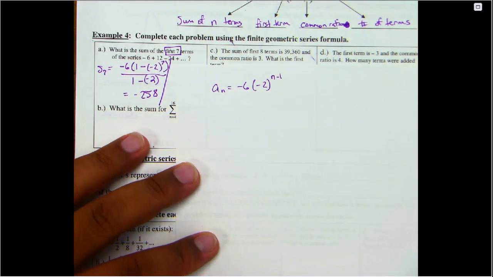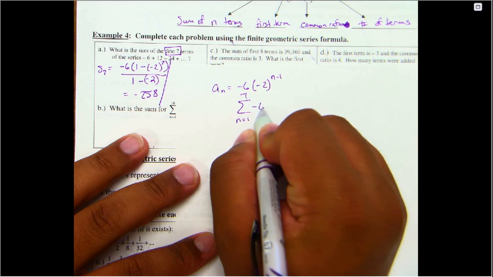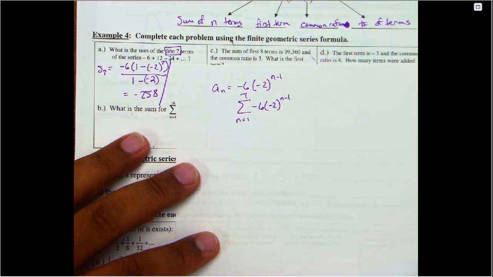To the n minus 1, right? What are you adding up? The first 7 terms. So from the first term, n equals 1, to the seventh term, correct?